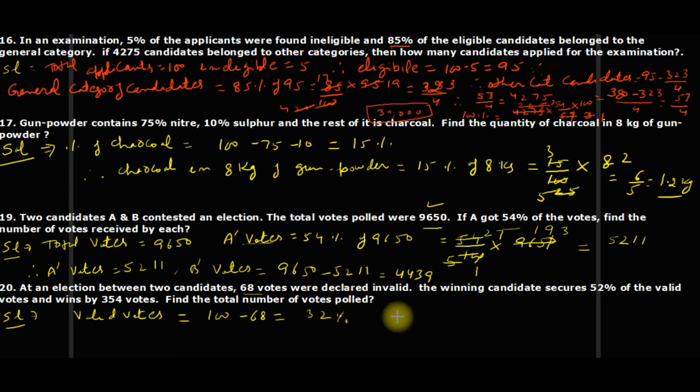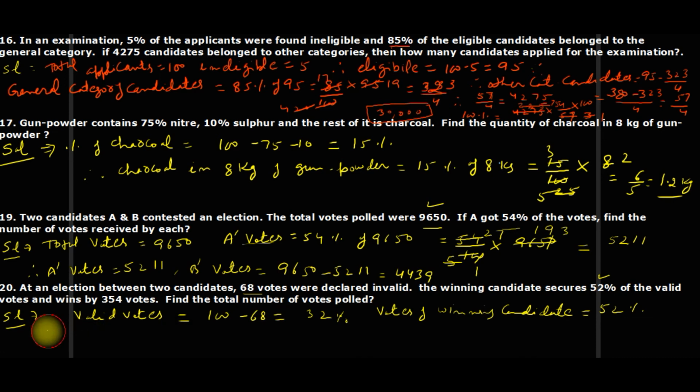Valid votes 32%, votes of winning candidate are 52%, right?